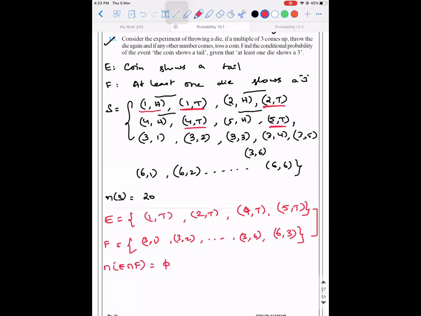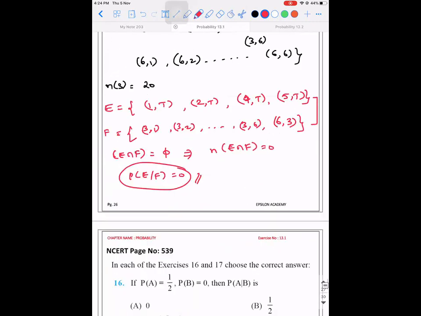E intersection F is null set, which implies number of elements in E intersection F is 0. So probability of E given F will also be 0. Okay, so this is a good question.